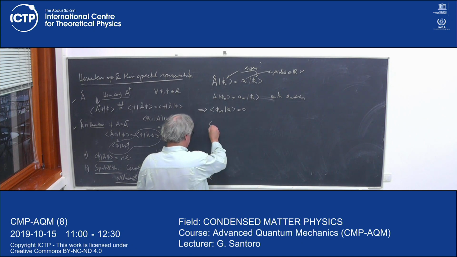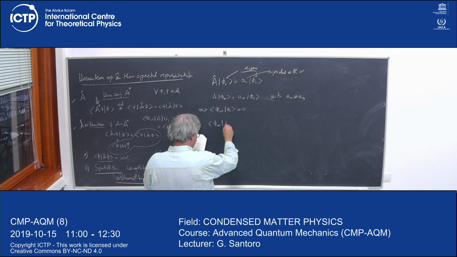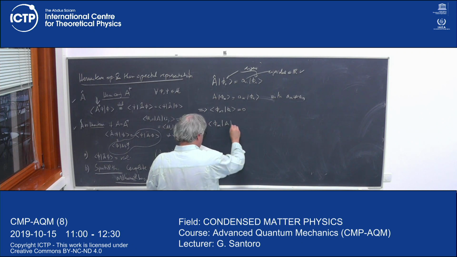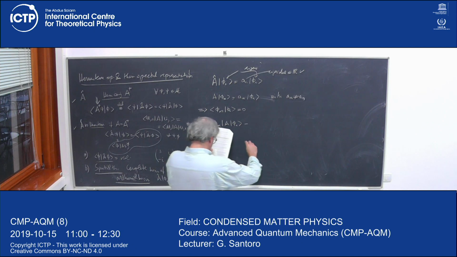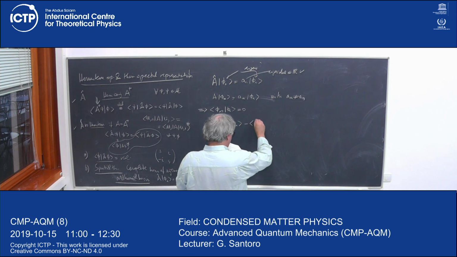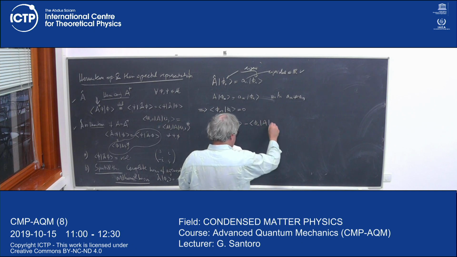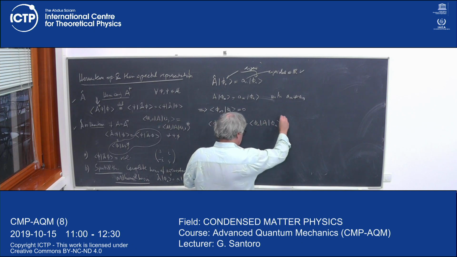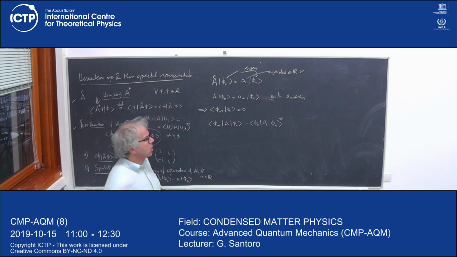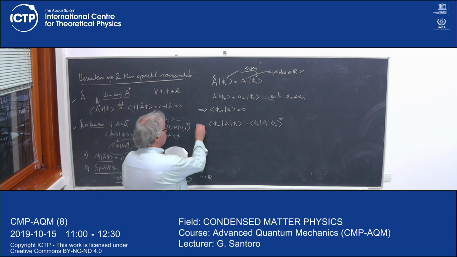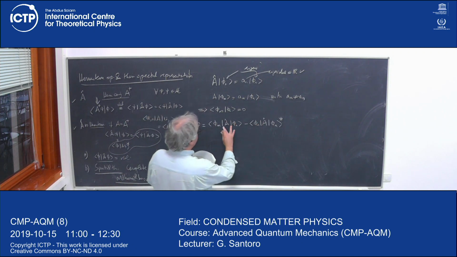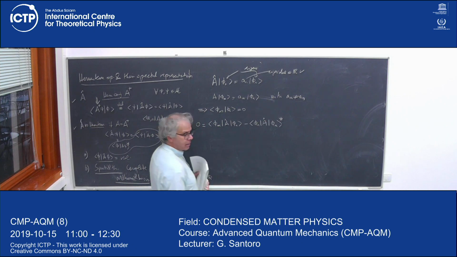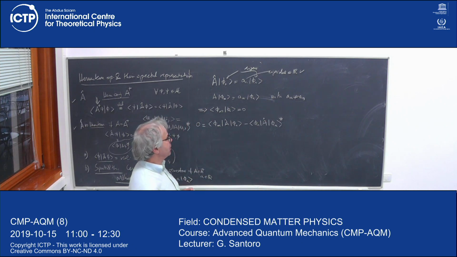Let's consider phi m A phi n minus phi n A phi m star. How much should this be? 0, because A is Hermitian, right? So I told you that if you switch and take the star, it's the same thing. So this object is 0.